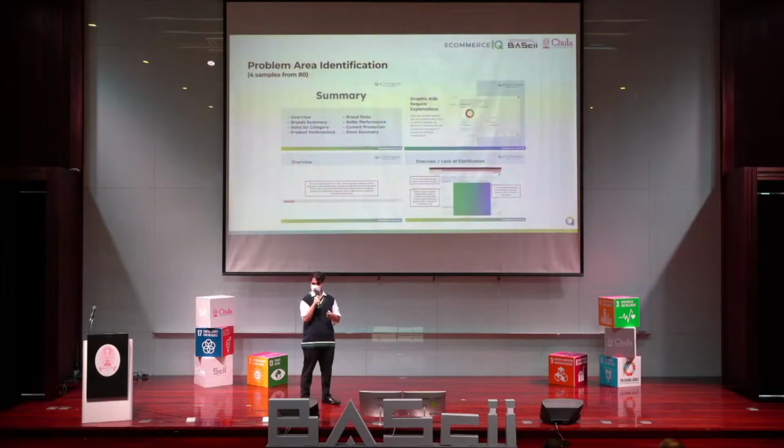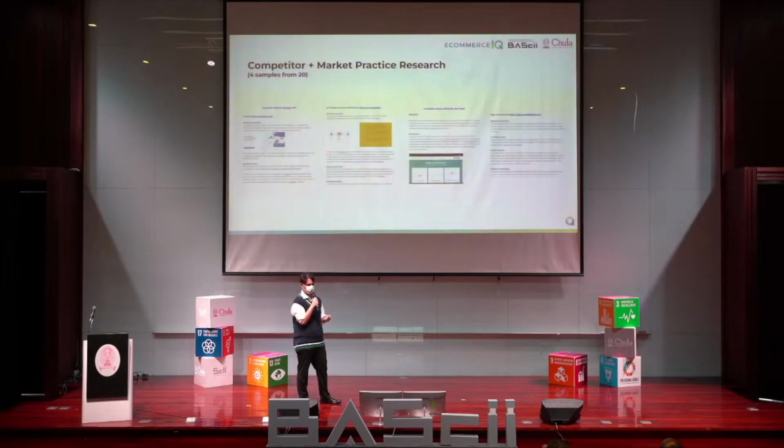And during this process, we were able to summarize that generally the platform suffered from a lack of clarification, basically from an aesthetic standpoint as well as a functional standpoint. So in order to look at solutions, we looked at a few competitors and we practiced some market research in order to identify what they were doing and how they were doing some things better, or how we were ahead in terms of some areas of function.